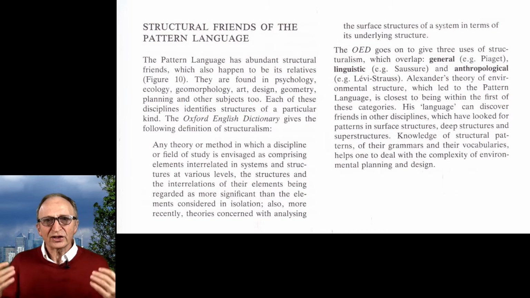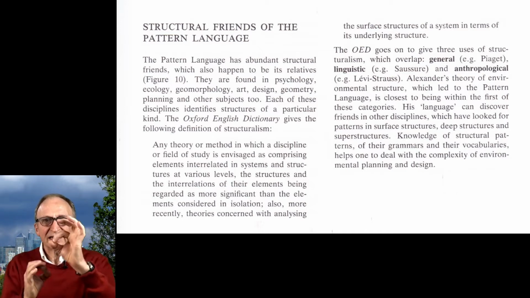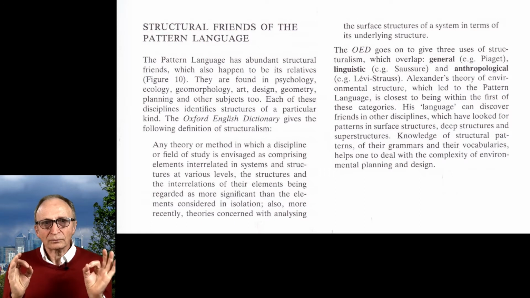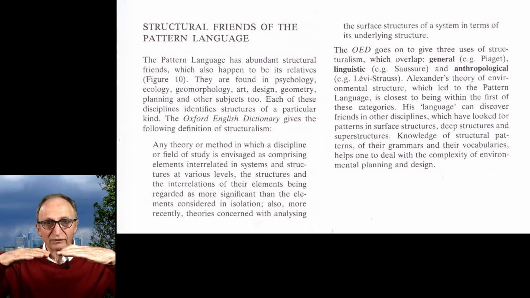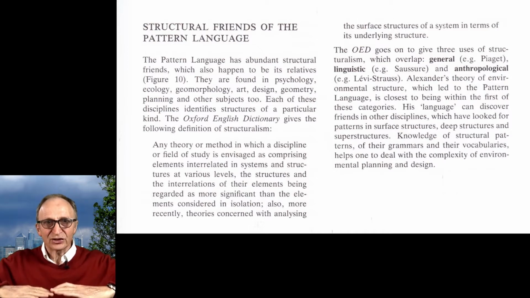The structures and the interrelationships of their elements being regarded as more significant than the elements considered in isolation. Also, more recently, theories concerned with analysing the surface structures of a system in terms of its underlying structure.